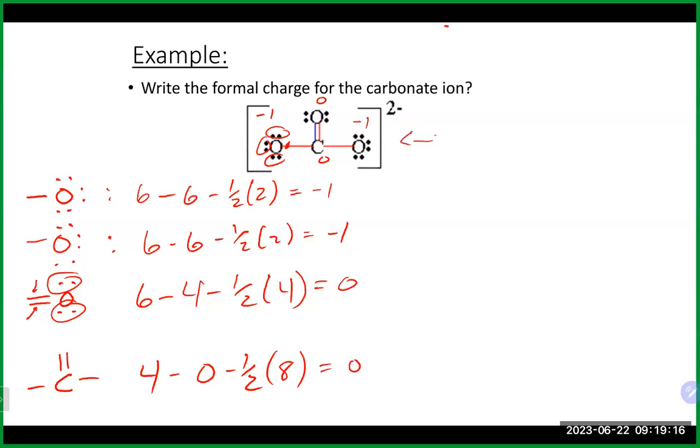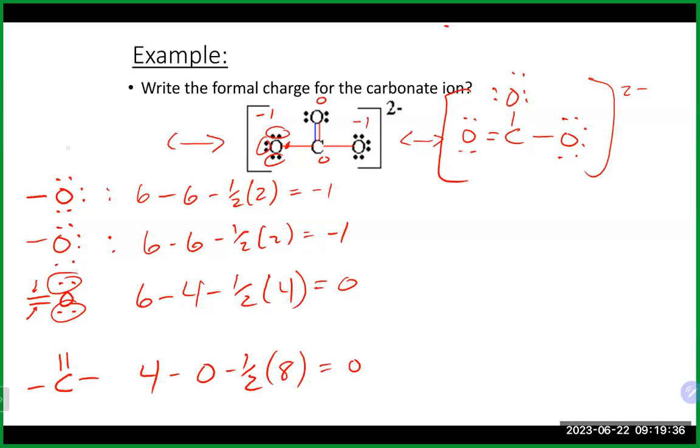But again, if you drew your resonance structure for any of these, it will be the same formal charge no matter which way you go in this particular case, or even if you did it with the double bond going the other way.